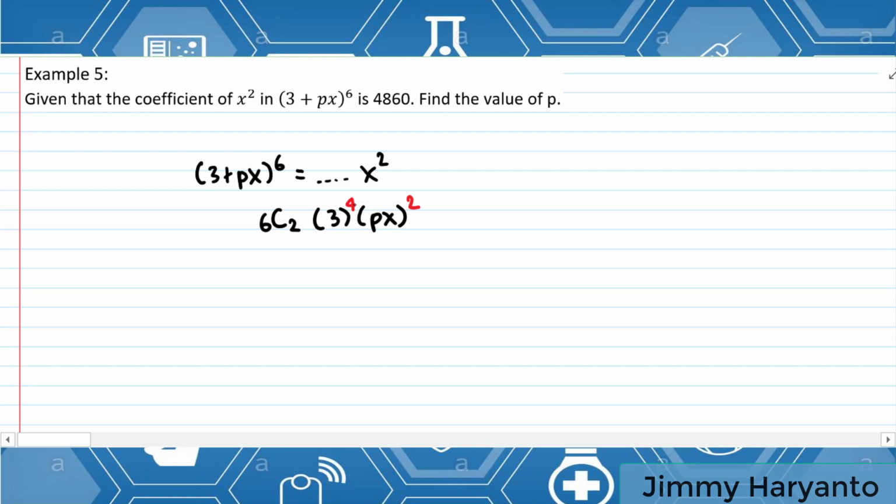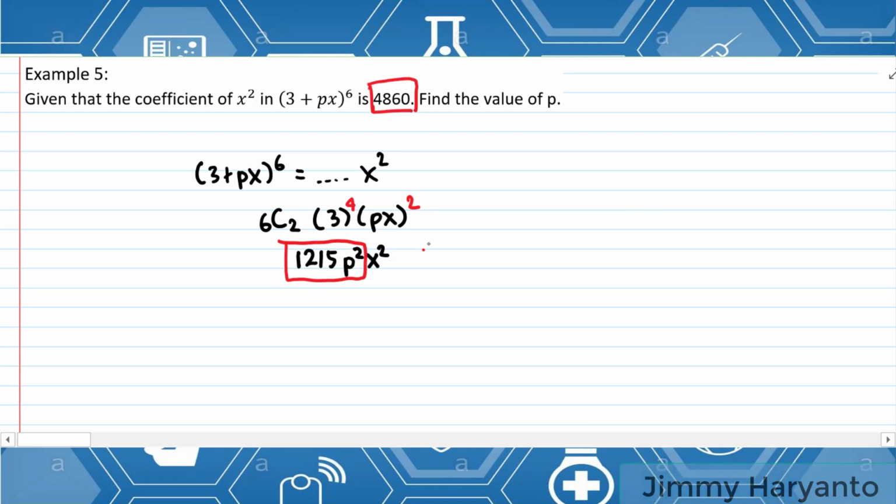Okay, let's use your calculator. 6C2 times 3 to the power of 4, and then it is 1215 p squared x squared. So the coefficient of x squared is this one, and the coefficient of x squared is already given, 4860.